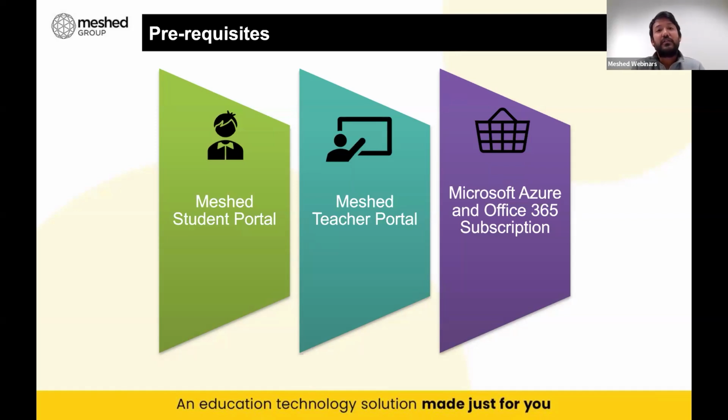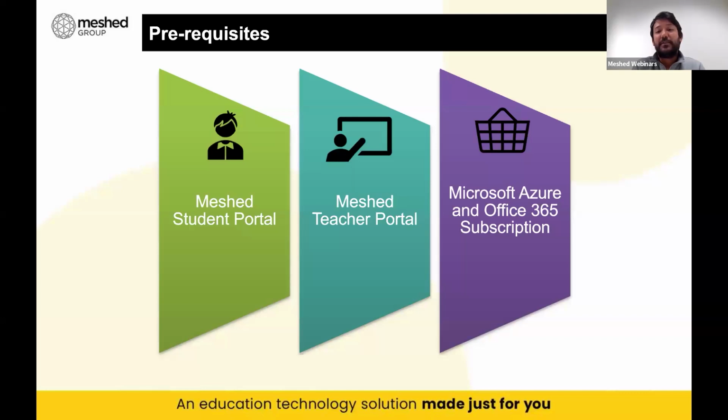Similarly, if you want to offer the SSO service to your teachers, then you need to have your teacher portal activated, teacher licenses arranged, and so on. That's another prerequisite if you want to offer SSO for teacher users as well.